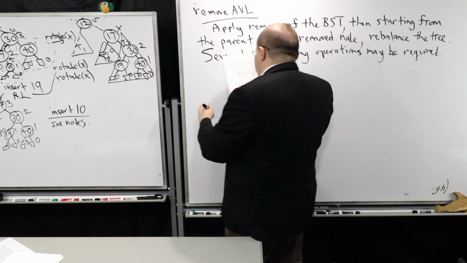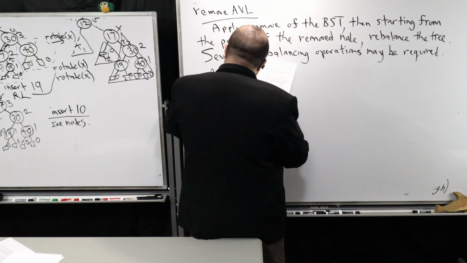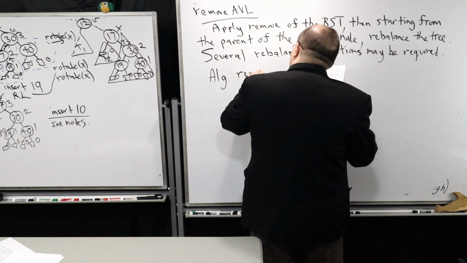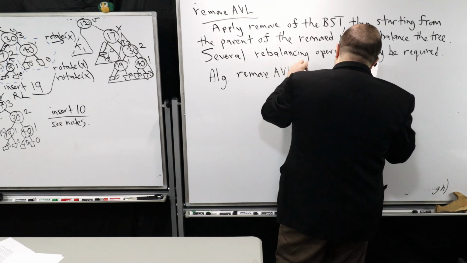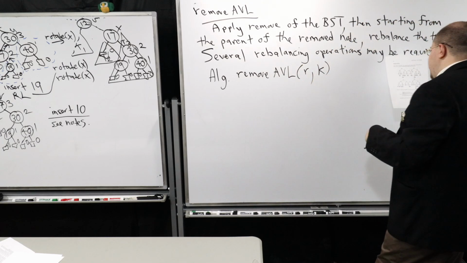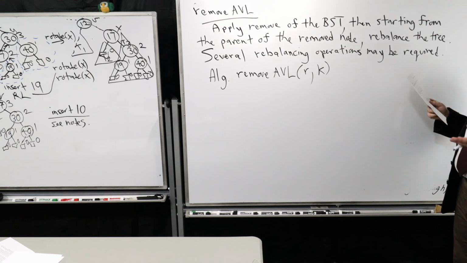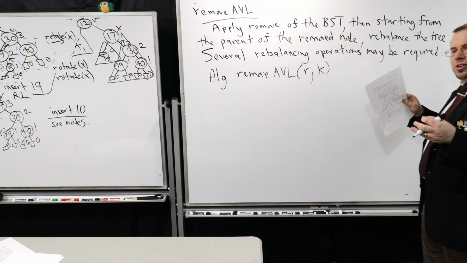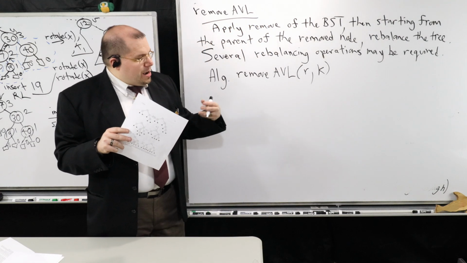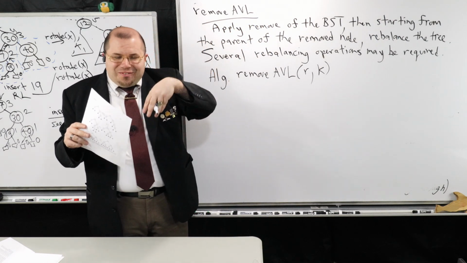So let me just describe the pseudocode here. Let me give you what the algorithm is. Algorithm removeAVL. Imagine I give you some root. Wherever I'm starting this from, remember that in our remove function, you could potentially start at a given node.